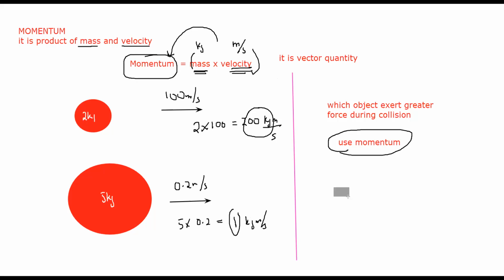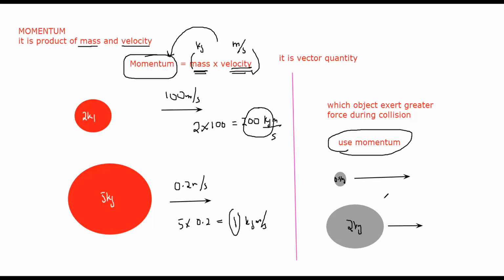So if I say you have a stone of mass, say 0.5 kilogram, and you have a 2 kilogram object, both are moving towards the wall.